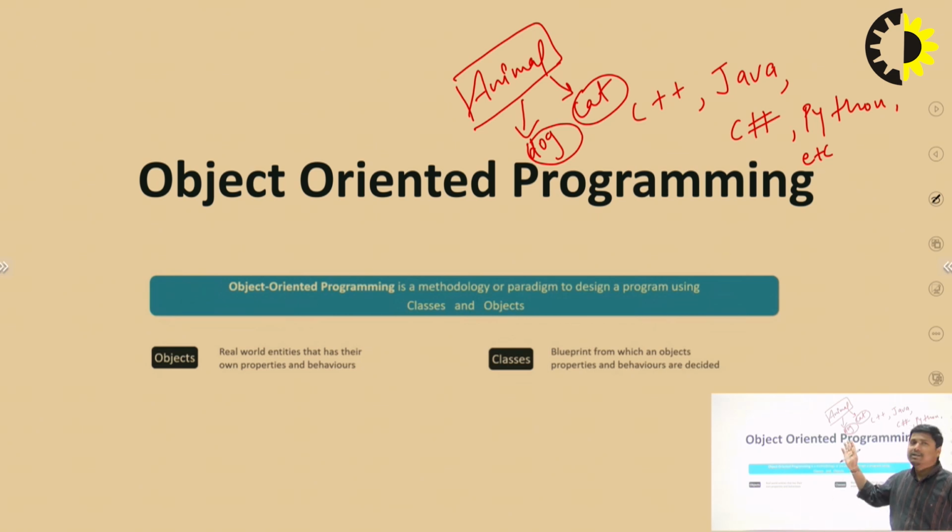And what is a class? Animal is not a real world entity. It is a blueprint from which an object's properties and behaviors are decided.